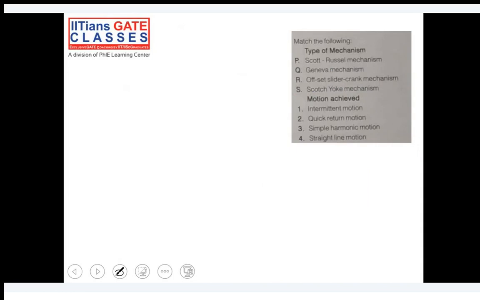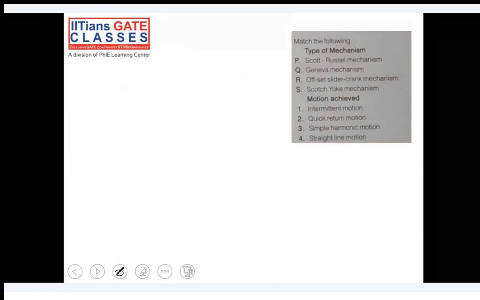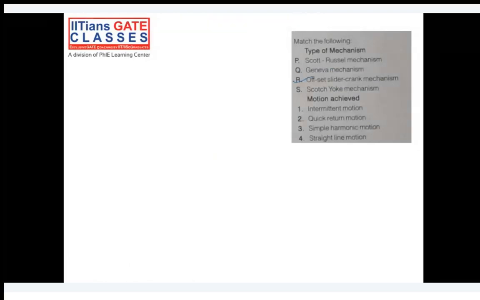Okay, here match A and B. Out of this, you already know what is offset slider crank mechanism and Scotch yoke mechanism. So you can connect this. Scotch yoke mechanism is used for harmonic motion, and quick return motion is your offset slider crank mechanism.